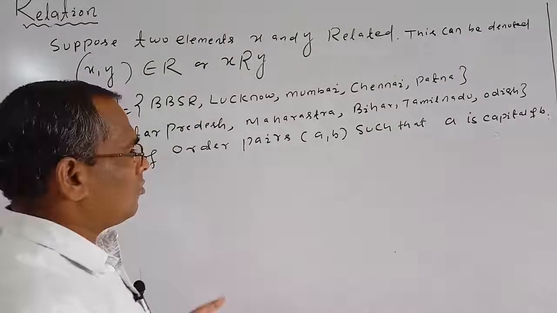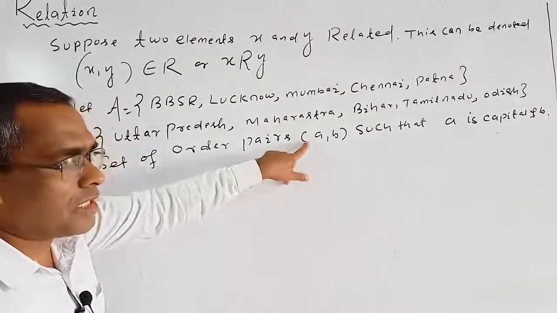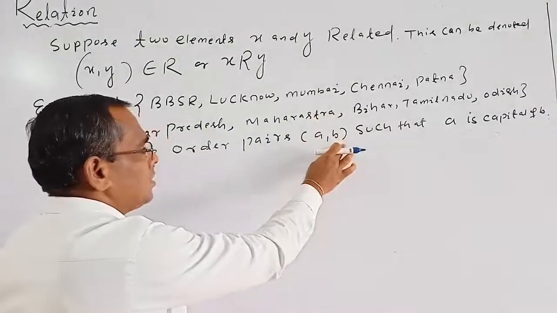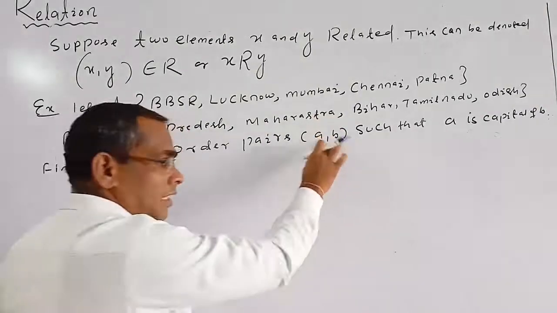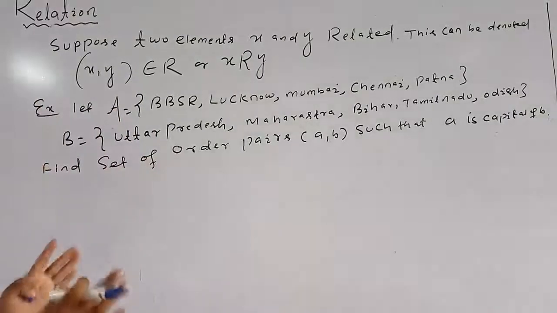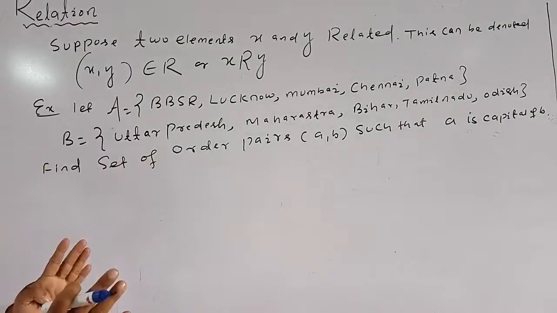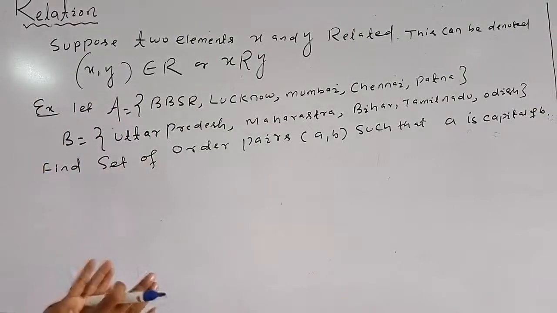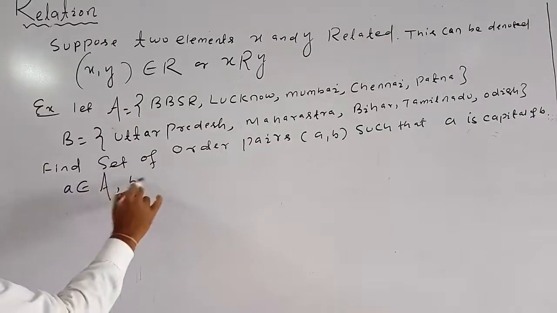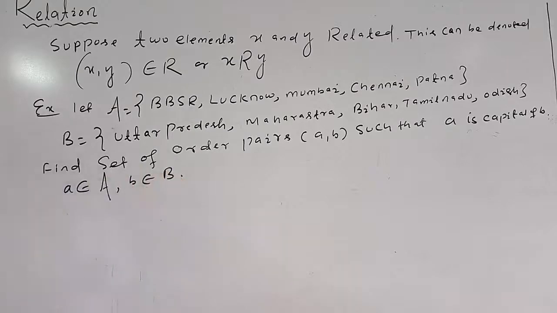So what is the ordered pair? The ordered pair is (a, b). Here a related to b means a is the capital of b. We find such ordered pairs (a, b), where a belongs to A and b belongs to B.